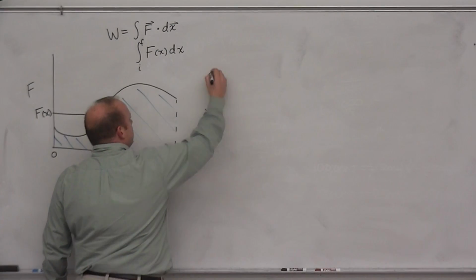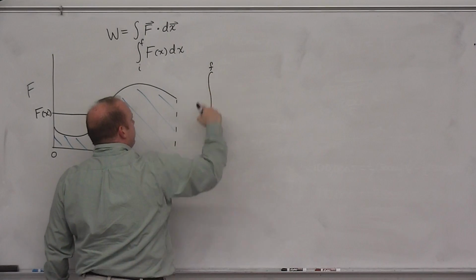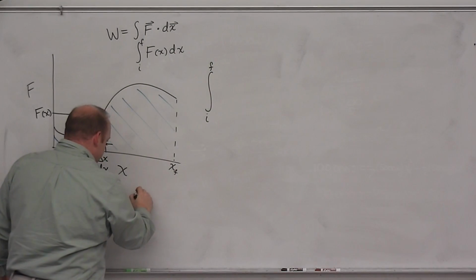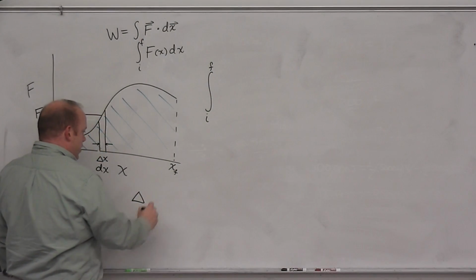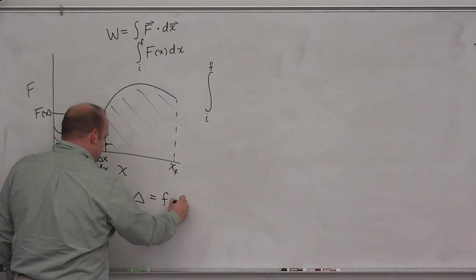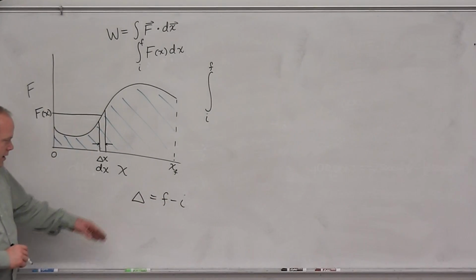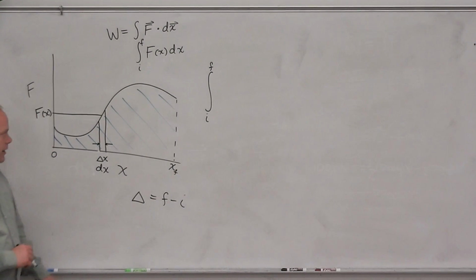The i means that's the initial state, f is the final state. Just like when we did delta something, we always look at the final minus the initial. Final state minus the initial state. Well, we're going to do that here as well.